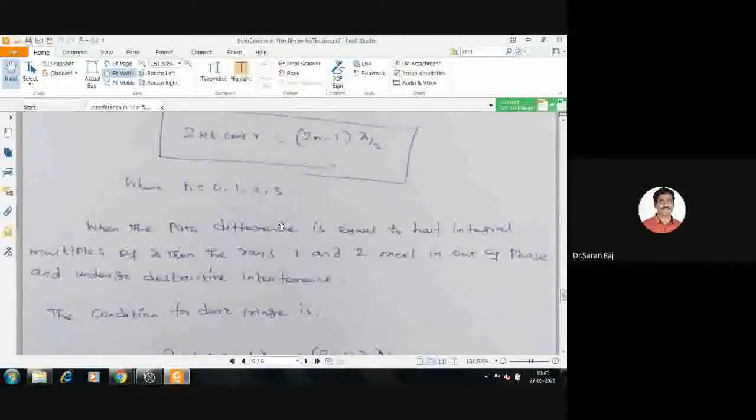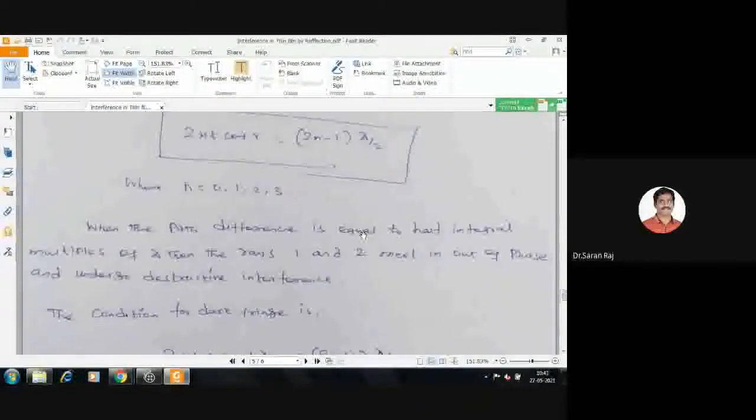Now we can write the conditions for dark fringes. In this condition, the path difference is equal to an odd integral multiple of lambda by 2, then rays 1 and 2 meet out of phase and undergo destructive interference.